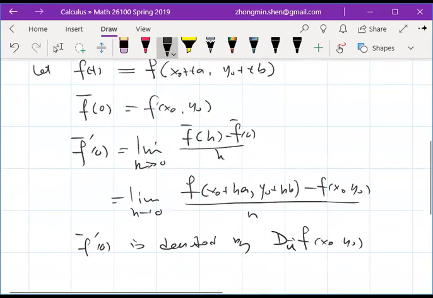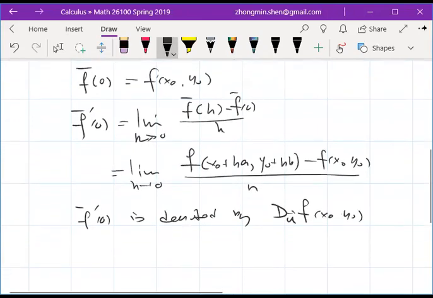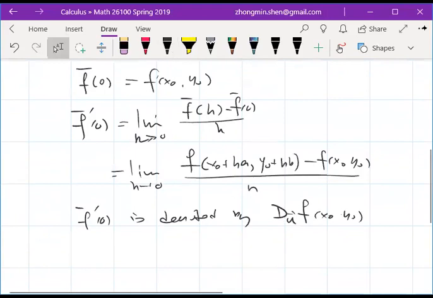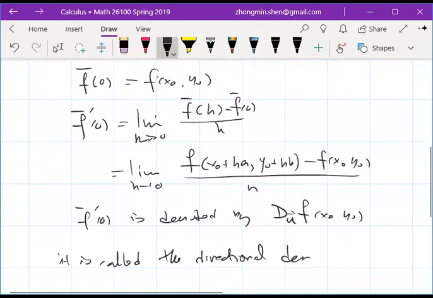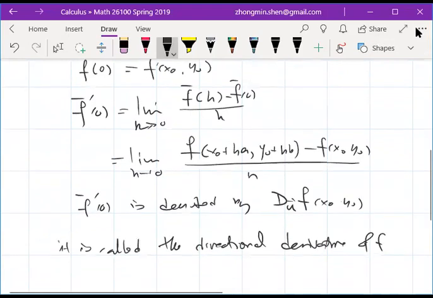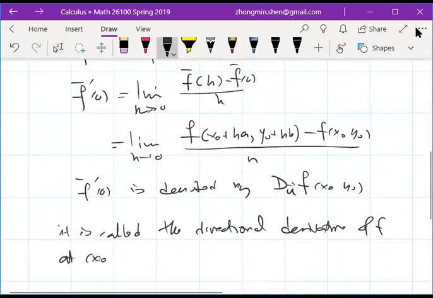So it is called the directional derivative of f at that particular point in the direction of u.